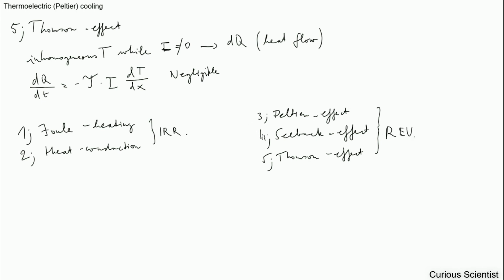And also you should see that these are basically the counterparts of each other. So either you induce a gradient in temperature, or you induce a current in your circuit, then either you have a Seebeck or Peltier effect. So these are the working principles of a Peltier device.